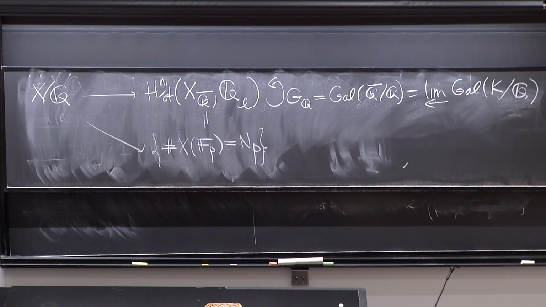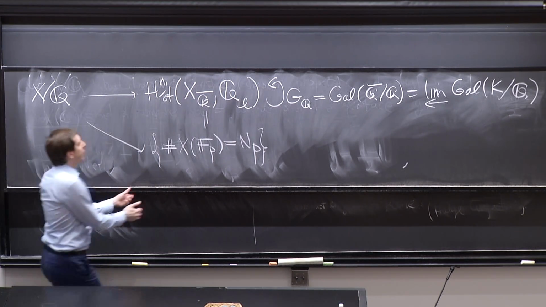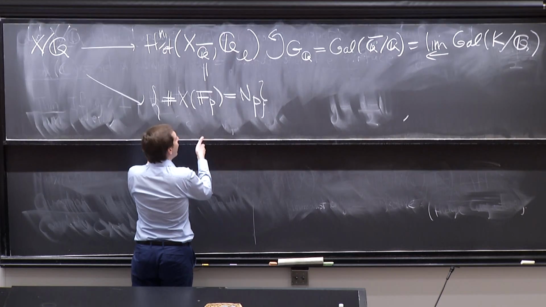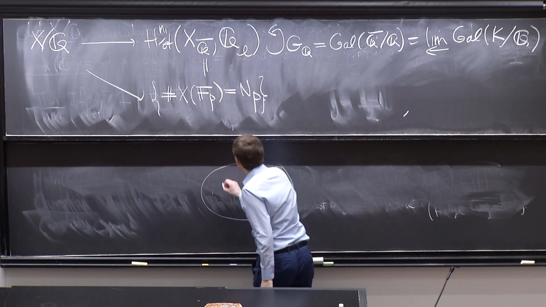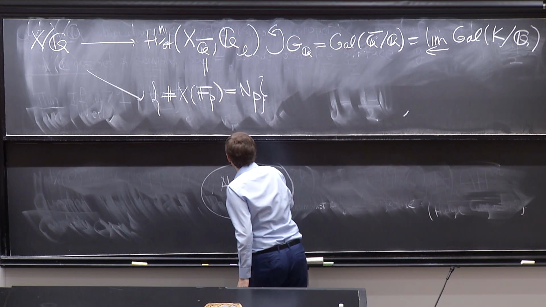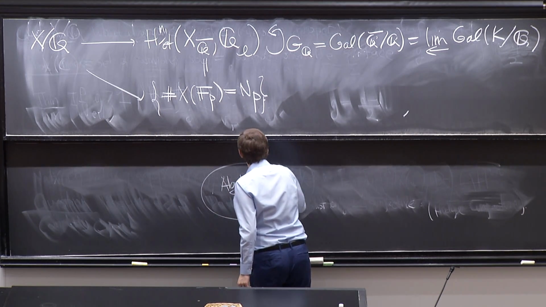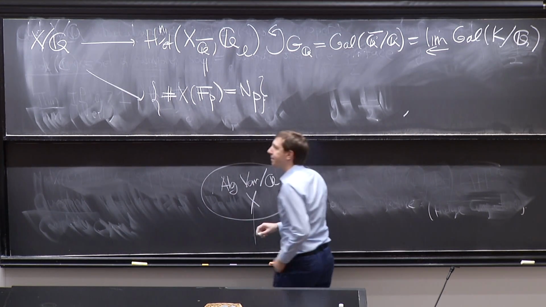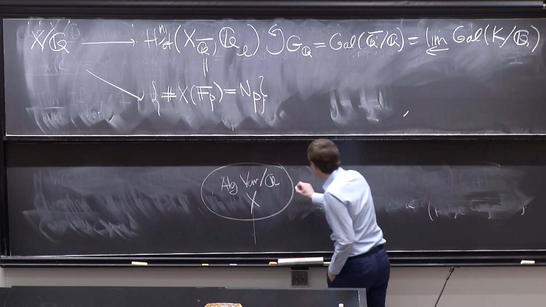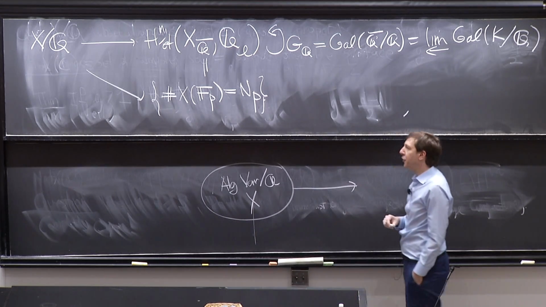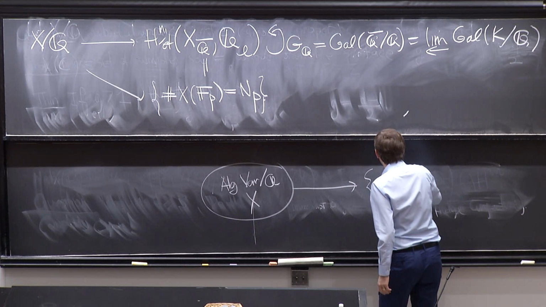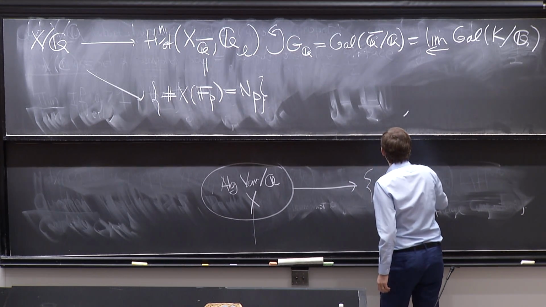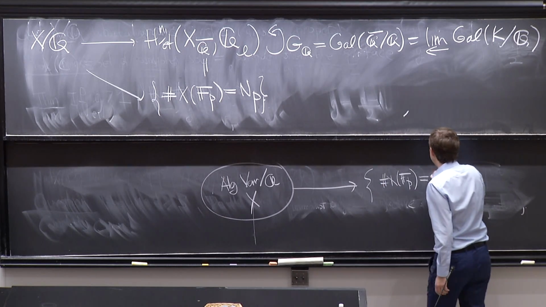Okay. So I'd like to draw the following cartoon just to summarize this. The middle bubble is going to consist of algebraic varieties over Q. And what I've said is that from these varieties, you can collect some sequence of numbers, which are just the number of points that X has over Fp.